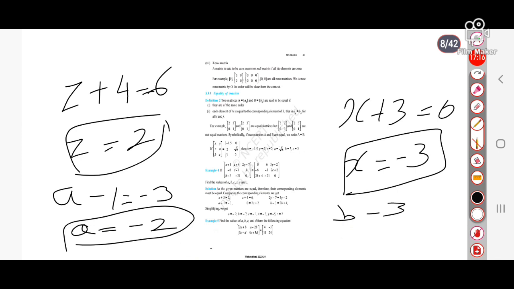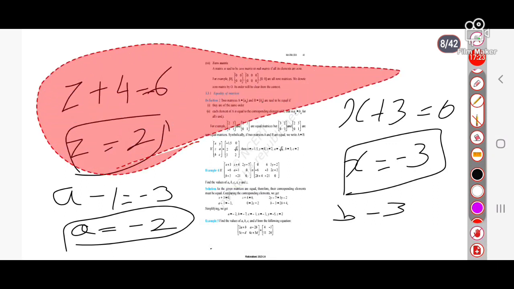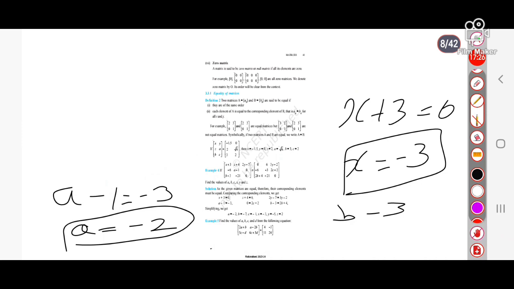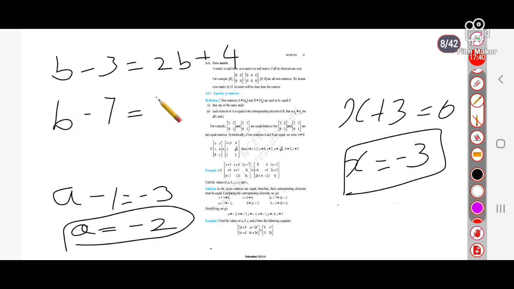A small step is needed to solve this, so a gap is needed. b minus 3 is equal to 2b plus 4. So b minus 7 equals 2b, so b equals minus 7.